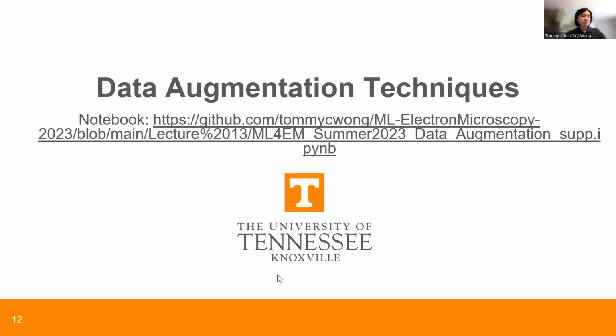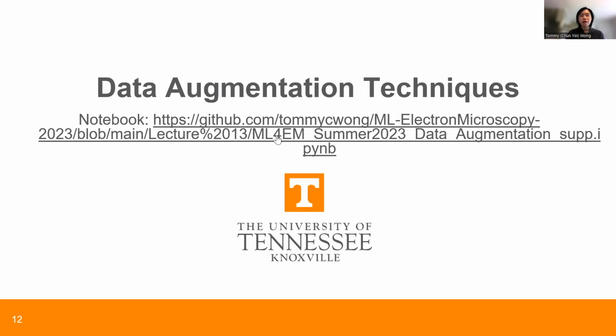As I've mentioned before, we typically have a pretty small data set that we're working with when it comes to electron microscopy data. Aside from labeling more data on your own, there are different ways to enrich that data set semi-automatically, at least using code instead of doing it manually.